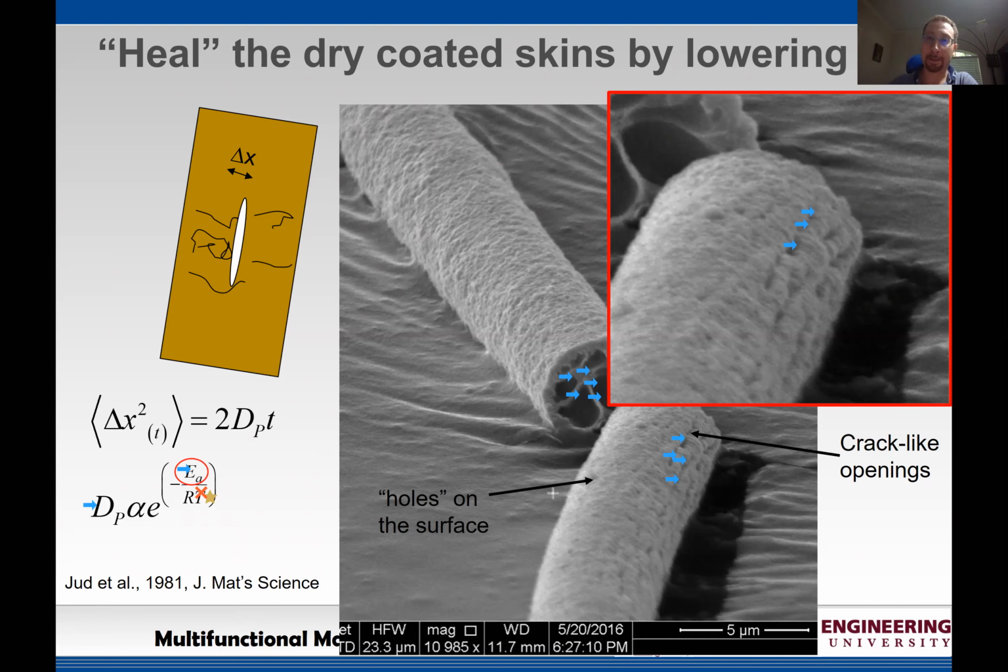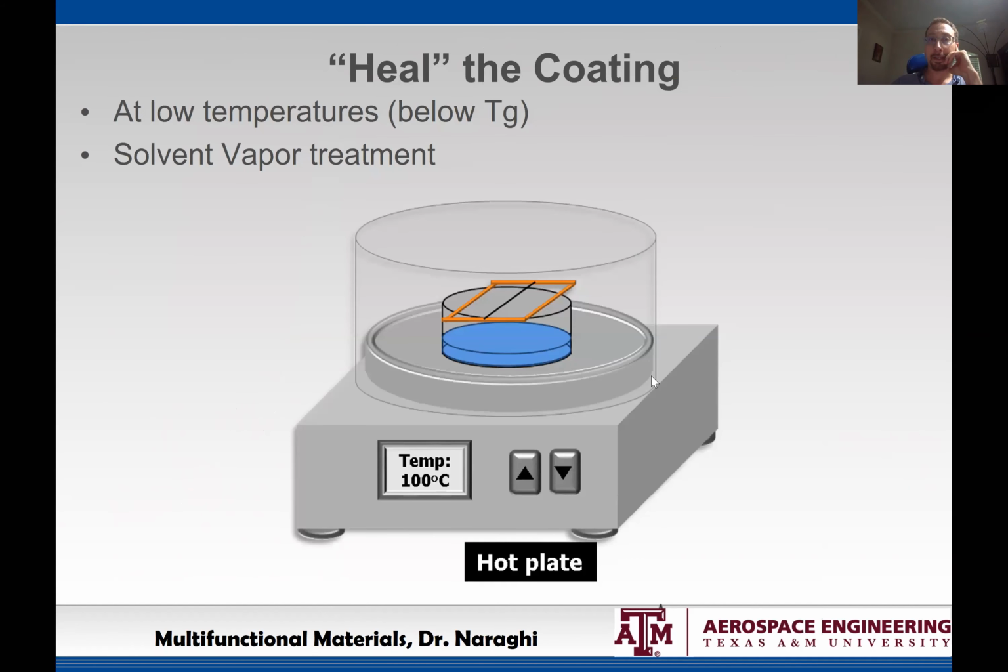So we are left with one choice, which is reducing the activation energy, which would have the same effect as increasing the temperature. And the way we did it is, if you go back to the literature of shape memory polymers, and the part we talked about, the effect of moisture, that moisture can go in between polymer chains and reduce the activation energy, acting as a lubricant that allows chains to move faster. That's exactly what we did.